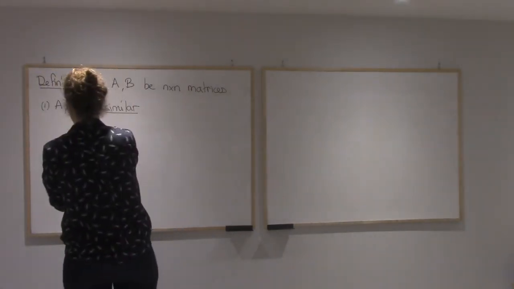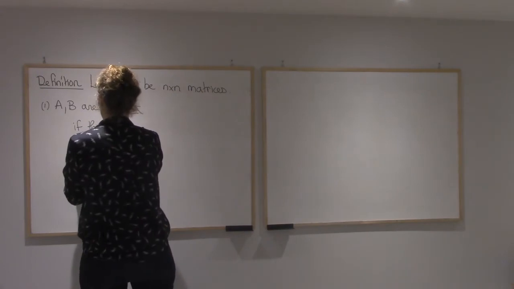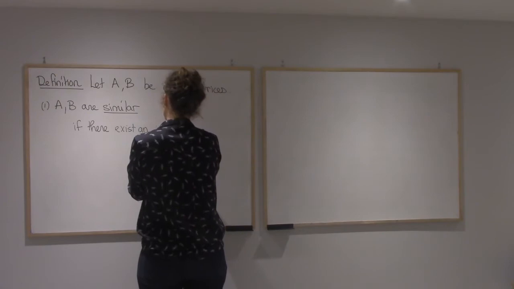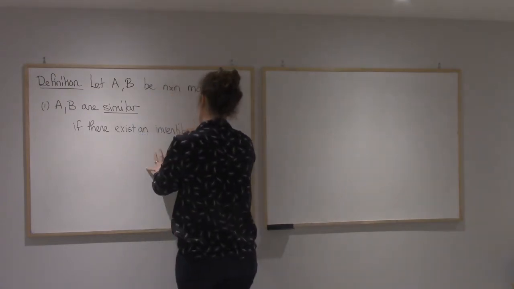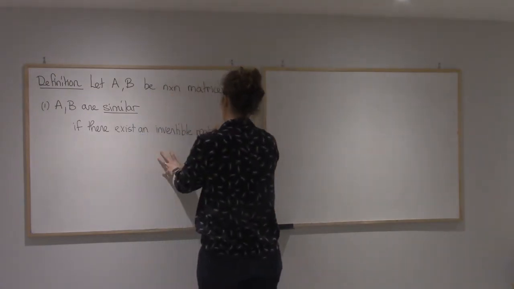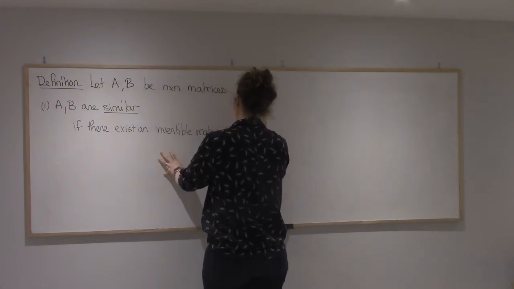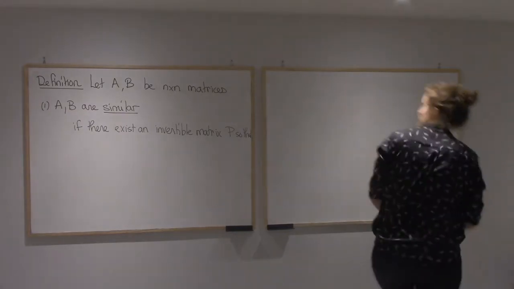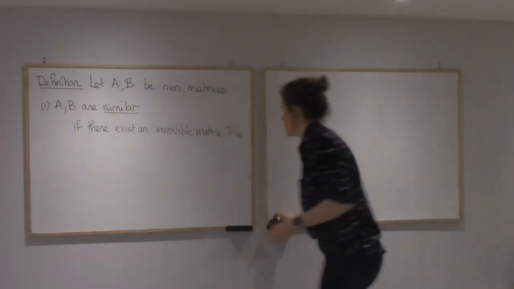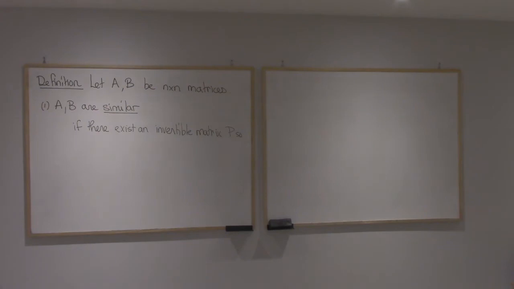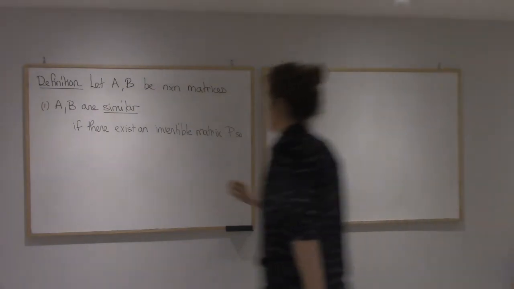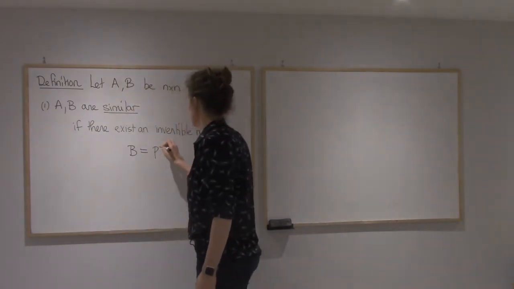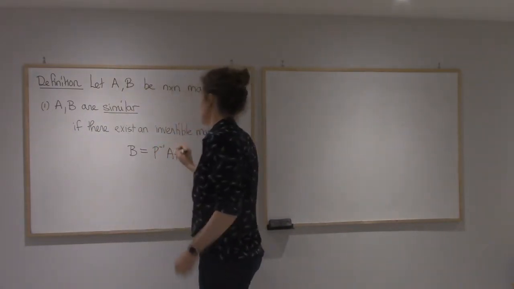So if there exists an invertible matrix P so that B is P inverse AP.